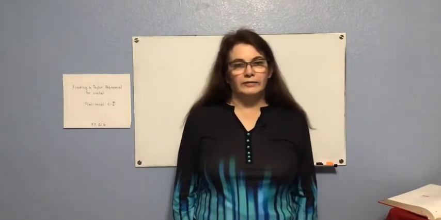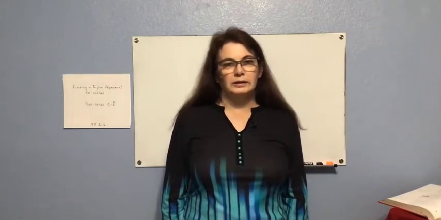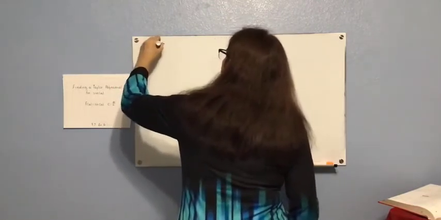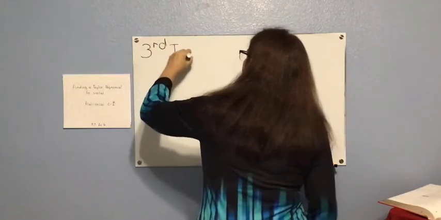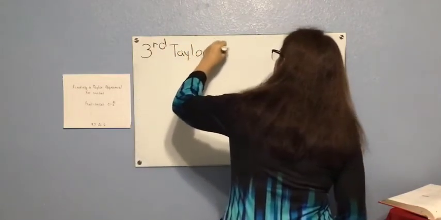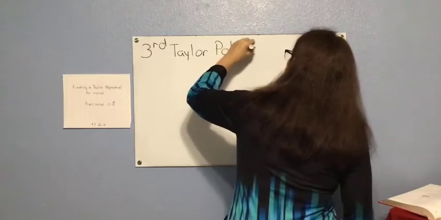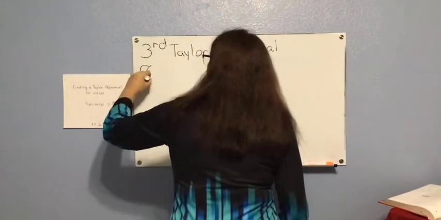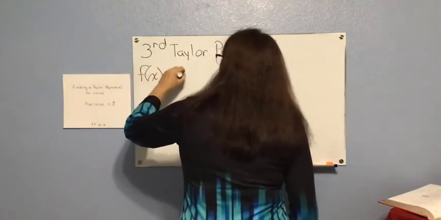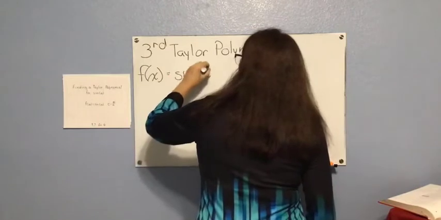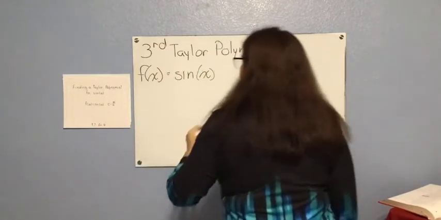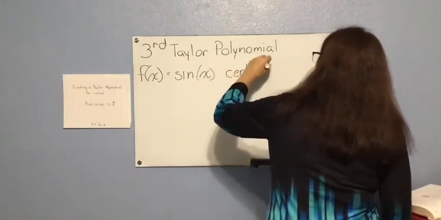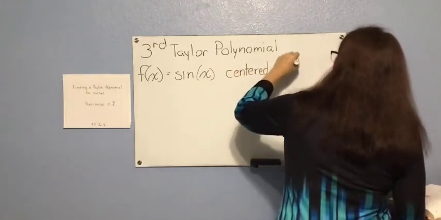Next, we're going to look at finding it for another trig function, sine of x. So we want to find the third Taylor polynomial and our original function f of x is sine of x, and we want to be centered at pi over 6.